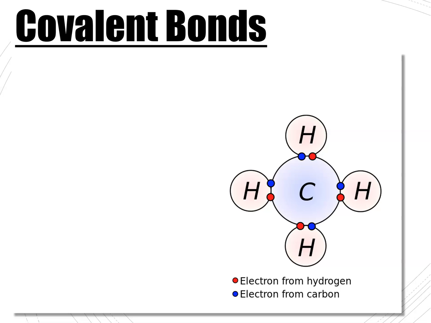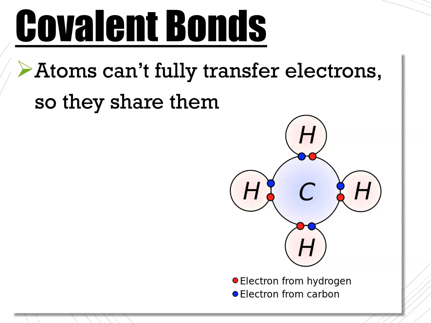All right, our covalent bond. So here we go. As you can see with this diagram, it looks very different than the one we just saw with ionic bonds, where the electrons are doing something different. Because the electronegativity values are closer together with nonmetals, as you can see, carbon and hydrogen, both nonmetals, they cannot fully transfer the electron.